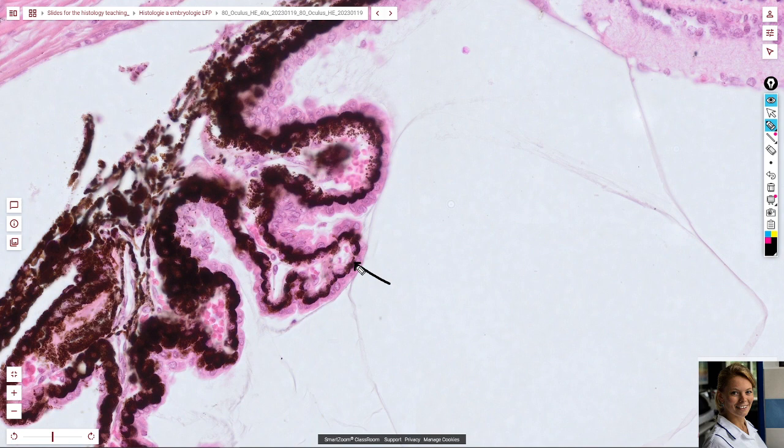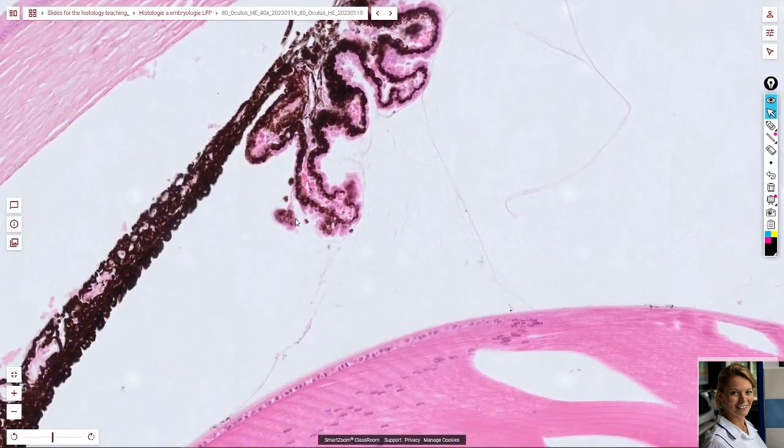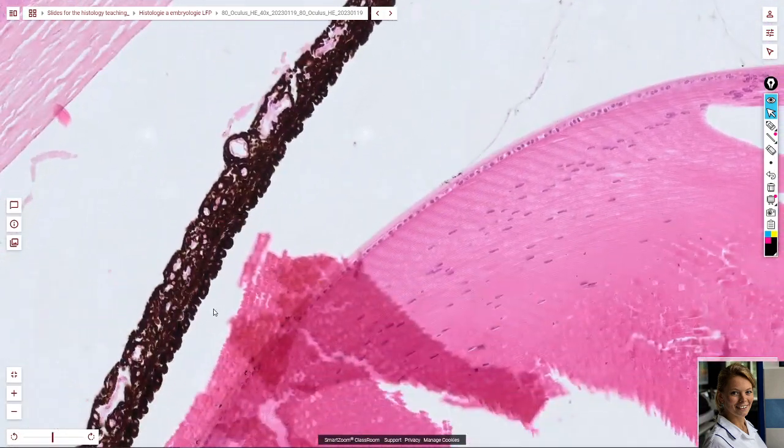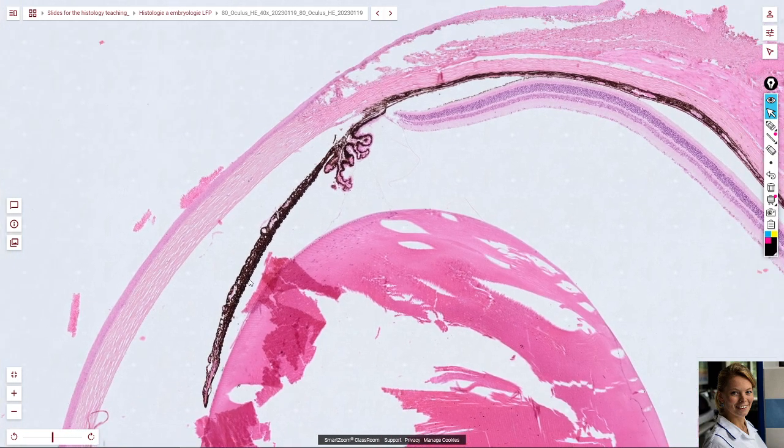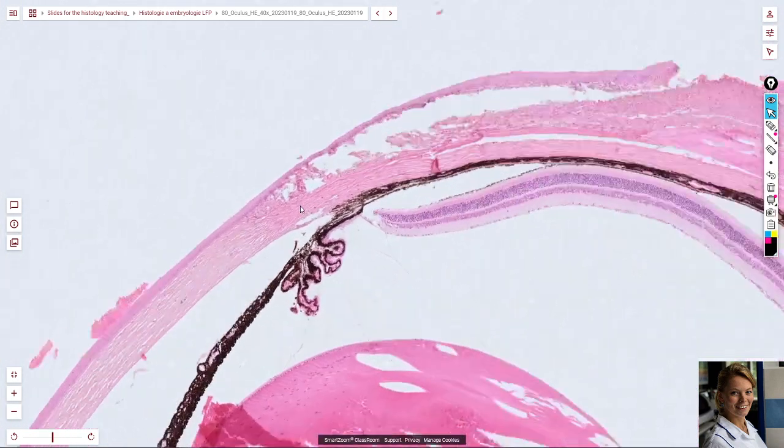from the ciliary canal into the posterior chamber and continues to the anterior chamber here, and it is resorbed in Schlemm's canal here.